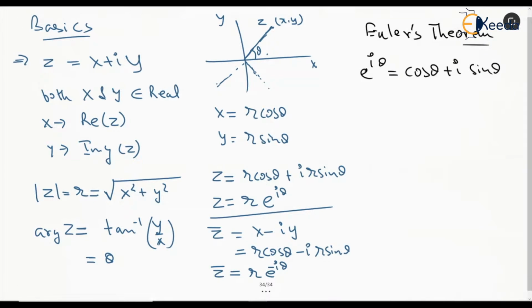As it is known that if e to the i theta is given like this, e to the minus i theta is given as cos theta minus i sin theta.